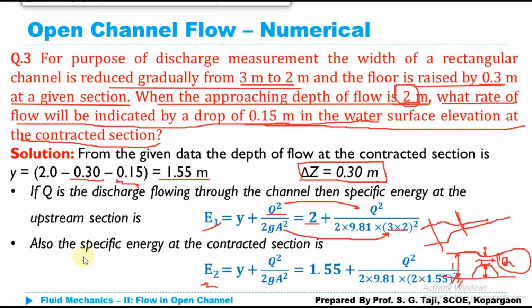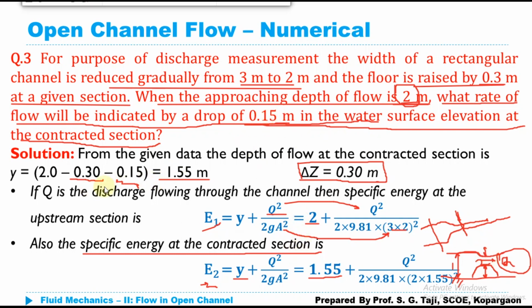Now again I am going to compute the specific energy at section 2, which is given by y plus q square upon 2g a square. At section 2, my effective depth of flow is 1.55, because at section 2 we have raised the bottom level of the channel, and at the same time the water surface elevation has been dropped by 0.15.